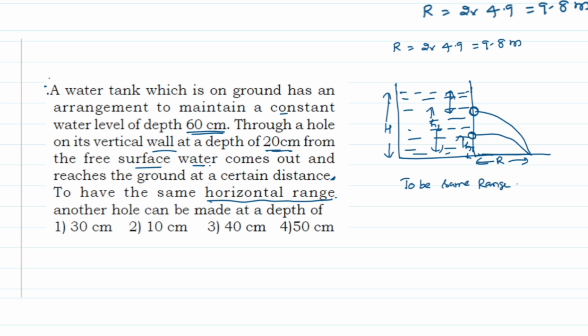If two holes are kept, the simple technique you have to apply, students, is that h equals h1 plus h2, where h is the total height. h1 is already given, so calculate h2. Then h2 will be equal to capital H minus h1, that is 60 minus 20 centimeter, which is nothing but 40 centimeter.